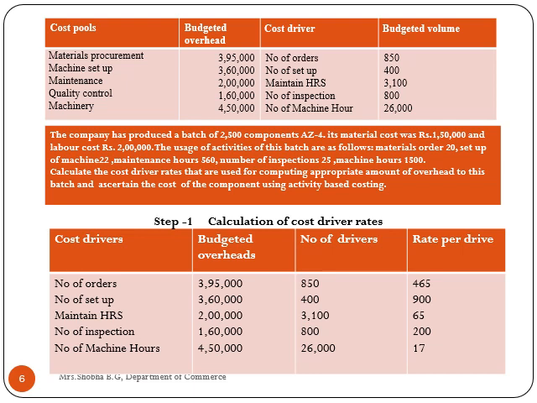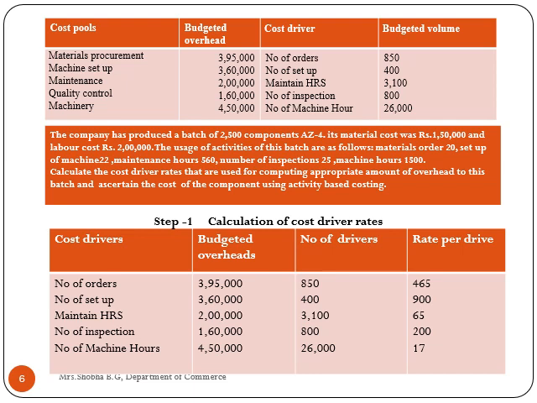Then the last one is the rate per driver. How do you calculate the rate per driver? The second column, budgeted overheads, divided by the number of drivers will be the rate per driver. I'll repeat: the second column, that is the budgeted overhead, total estimated overhead, divided by the third column, the total number of drivers, is called the rate per driver. Right?